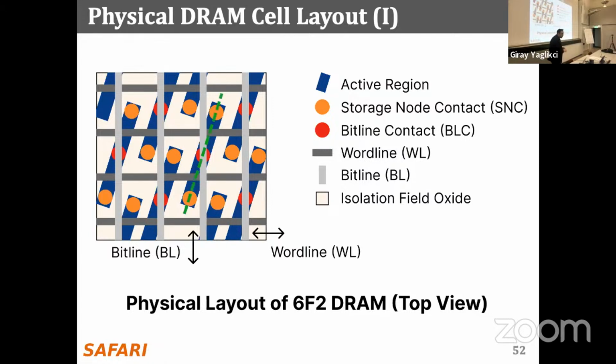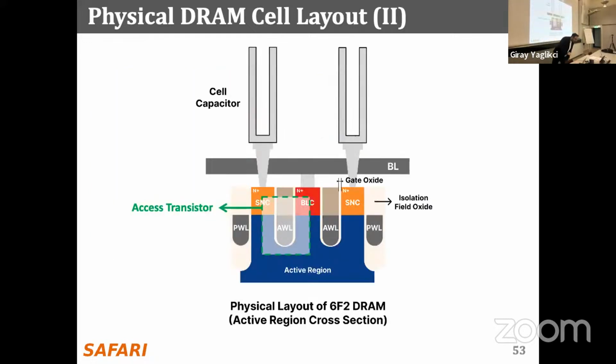Now we will look at the cross section along this axis. This was top-down, and now we look from this side. It looks like this, and the color coding is the same. You have a storage node contact, the orange or yellow ones. I'm not really good at colors.